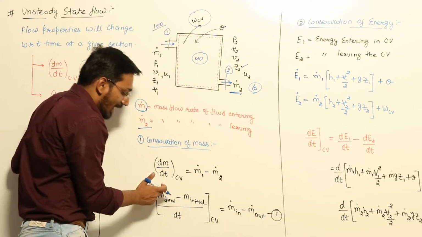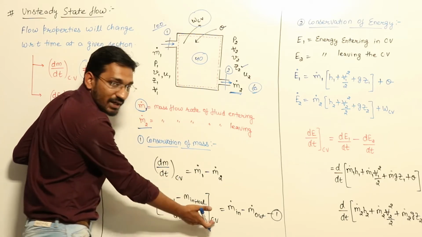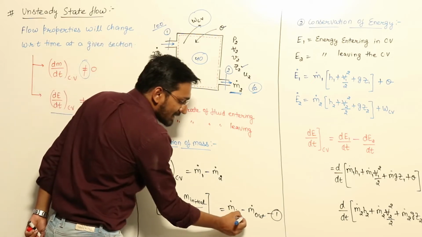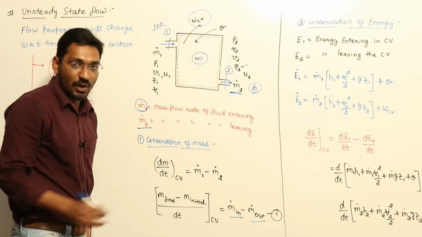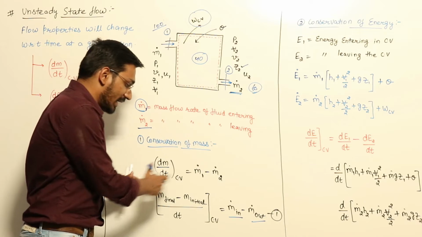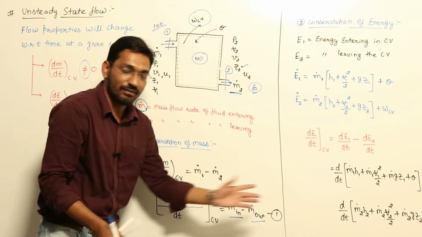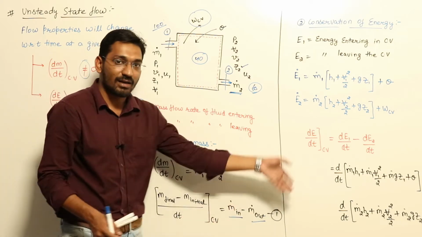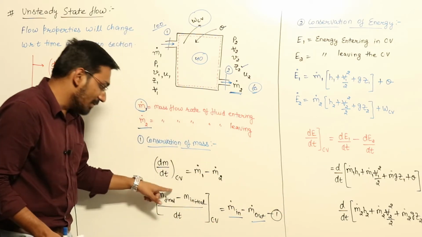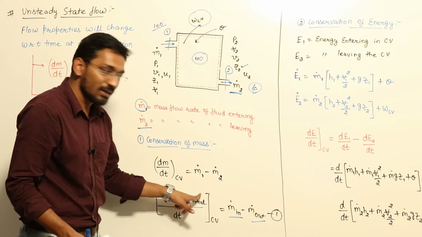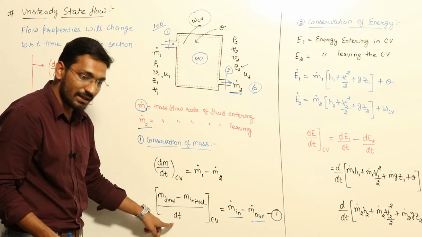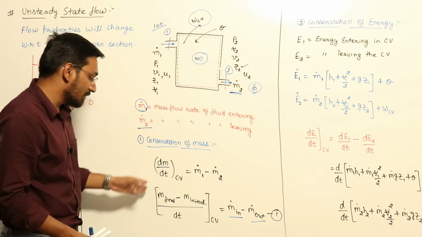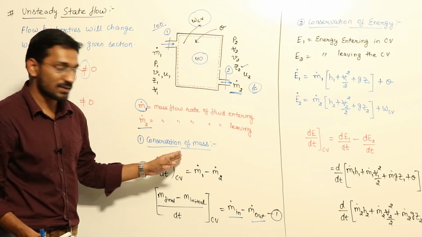So the final mass minus initial mass of a control volume divided by time dt is equal to mass inlet minus mass outlet. We are taking this equation in our numericals like this only, because it is very easy to use in numericals. This is our first equation, that is conservation of mass.